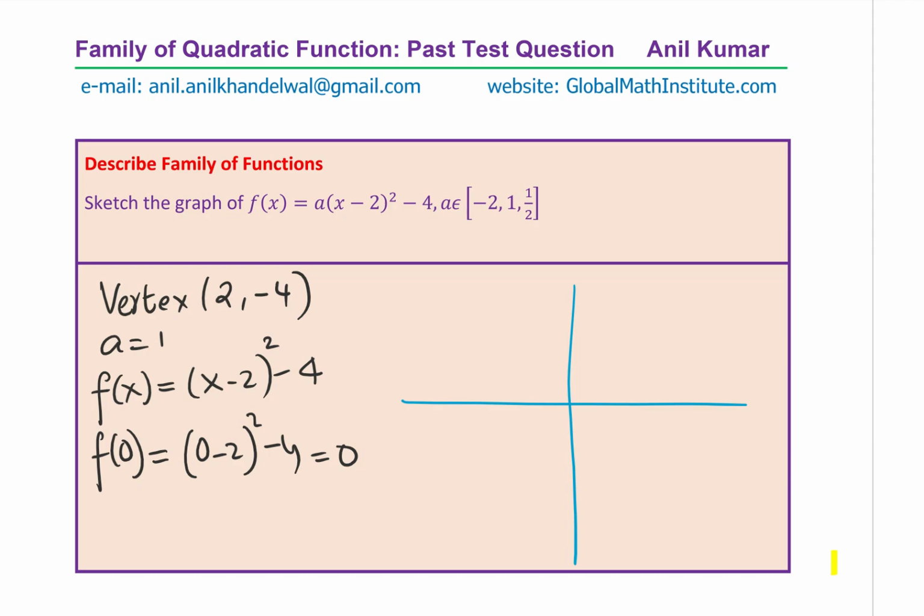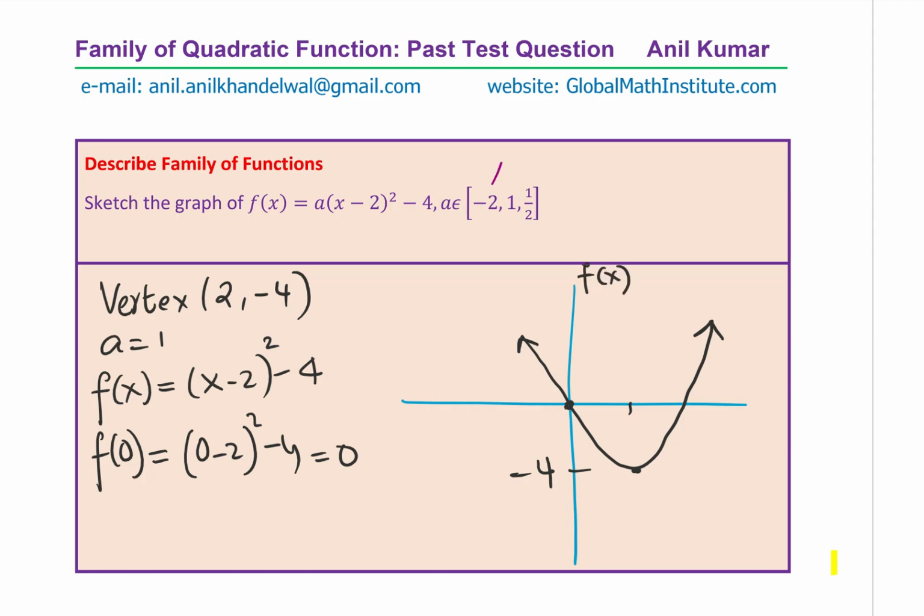So we have a parabola which I can sketch now like this. It goes through the origin and the vertex is at (2, −4). Is that clear to you? So that becomes the graph of the function f(x).